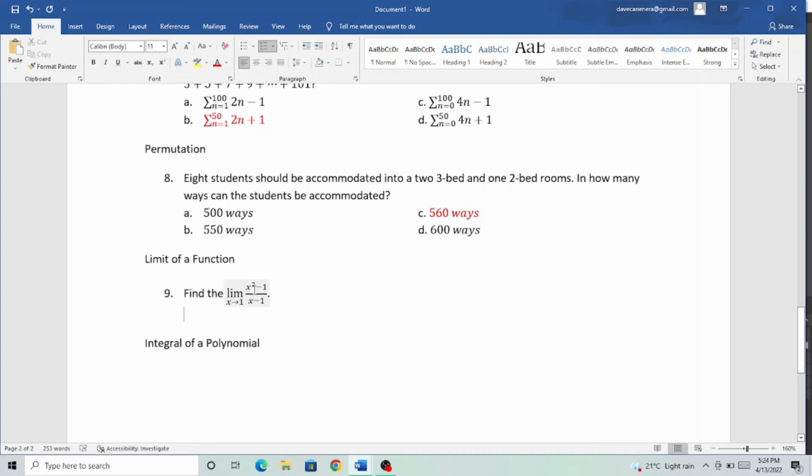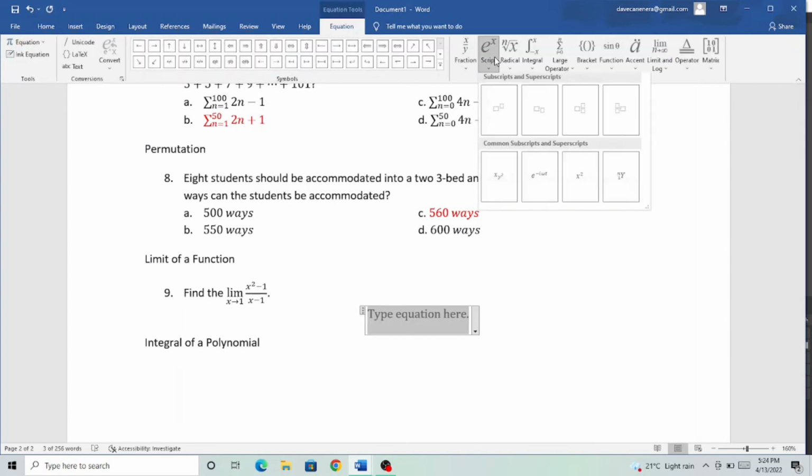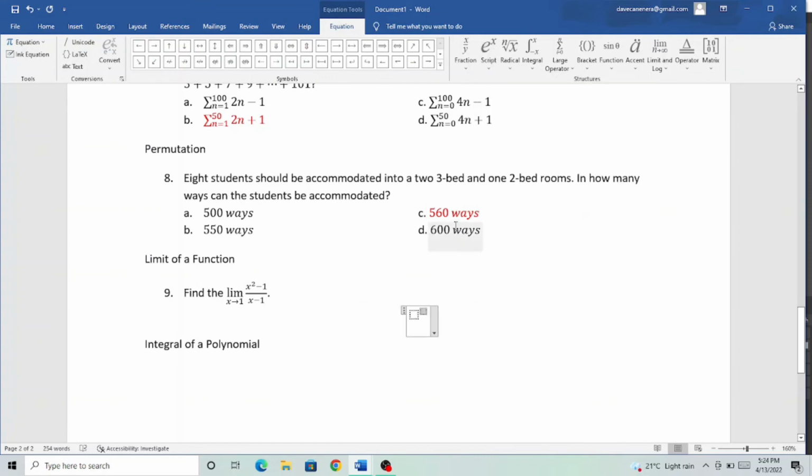By factoring, x squared minus 1 is equal to x plus 1 times x minus 1.